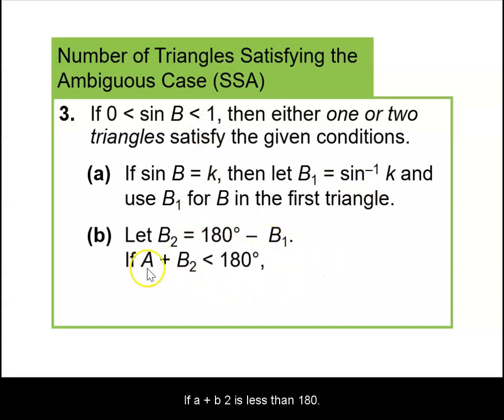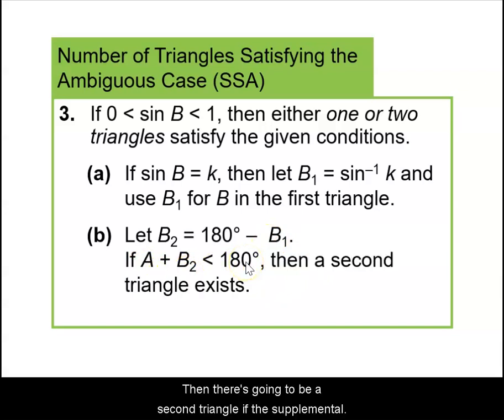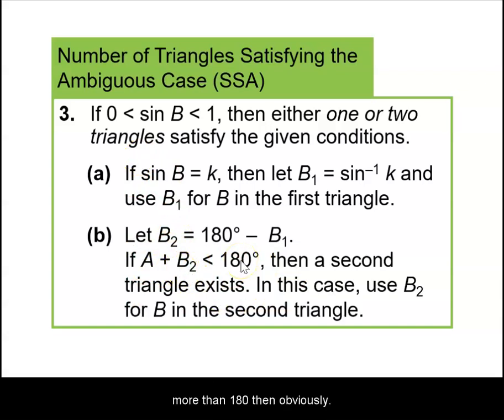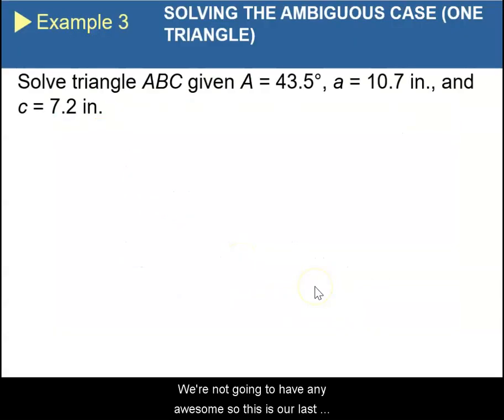If A plus B2 is less than 180, then there's going to be a second triangle. If A plus the second angle, that supplemental angle, is more than 180, then obviously we're not going to have any options. So this is our last example, and this is probably going to be the case where nothing works.